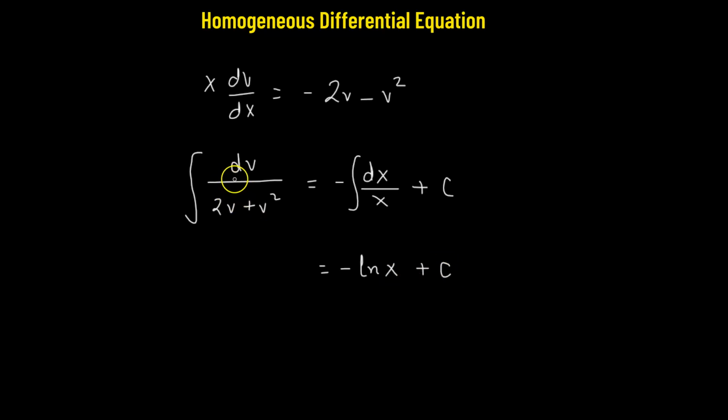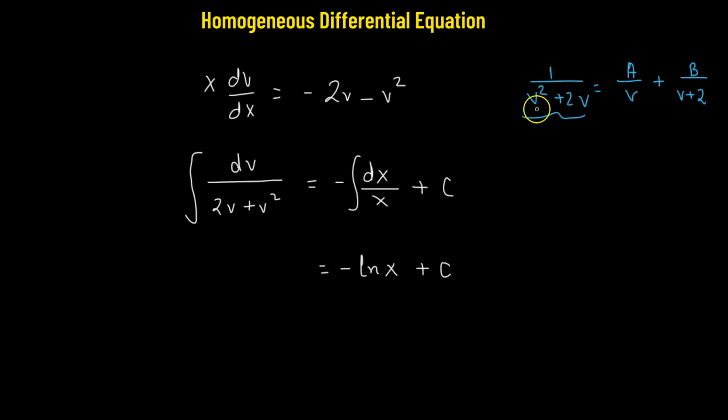Now, in order to integrate dv over 2v plus v squared, we will have to use the method of partial fractions. So let's do that. Our function is 1 over v squared plus 2v. So 1 over v squared plus 2v equals a over v plus b over v plus 2.